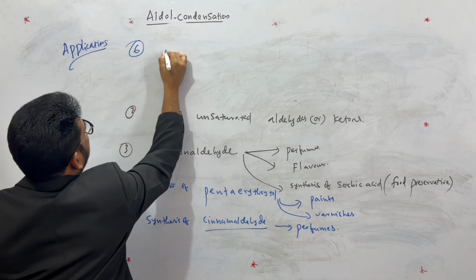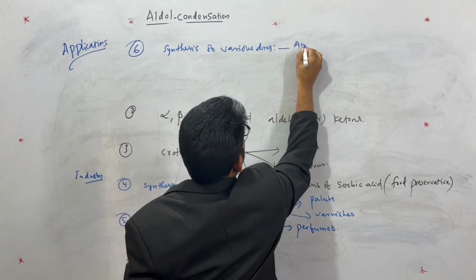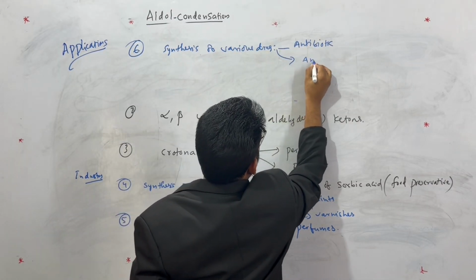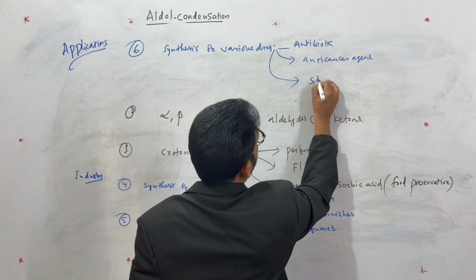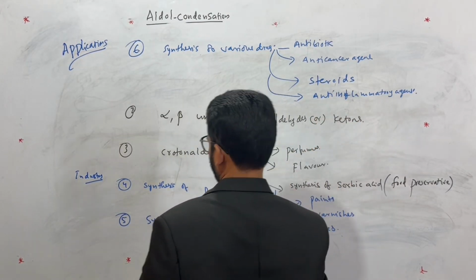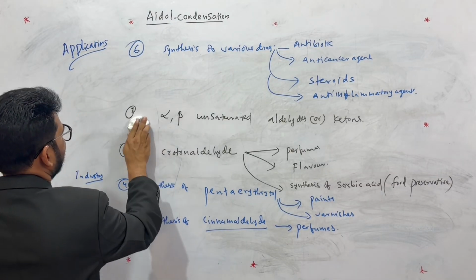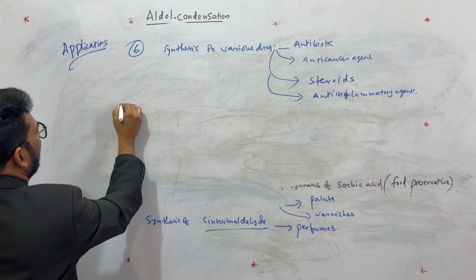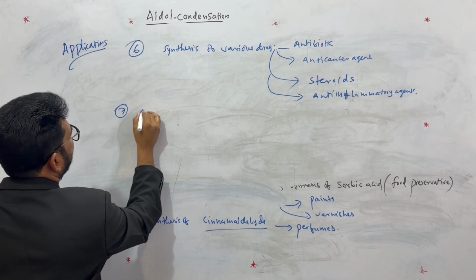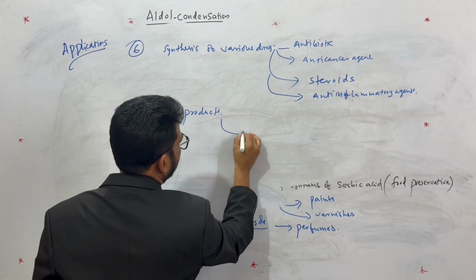Next application, it is helpful for the synthesis of various drugs like antibiotics, anti-cancer agents, steroids, anti-inflammatory agents, and many more. These are pharmaceutical products. These are also helpful in the synthesis of natural products. What are those natural products?